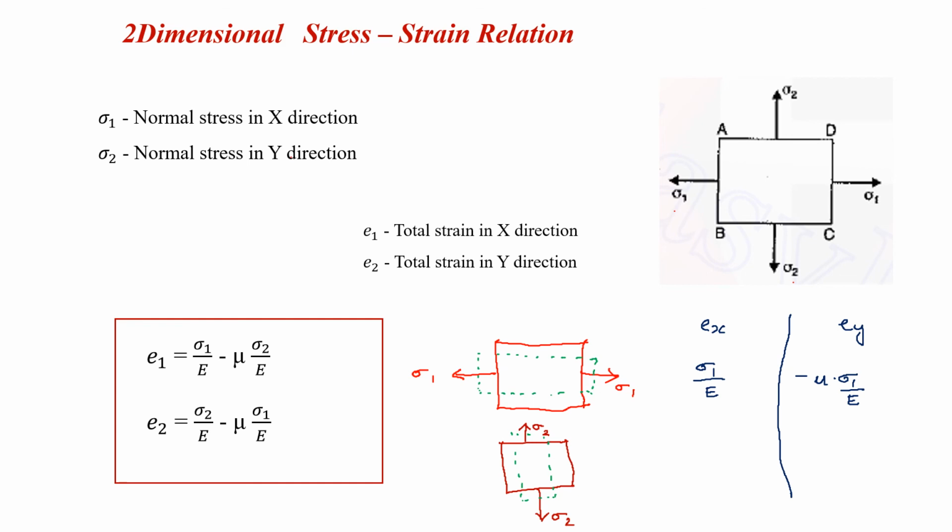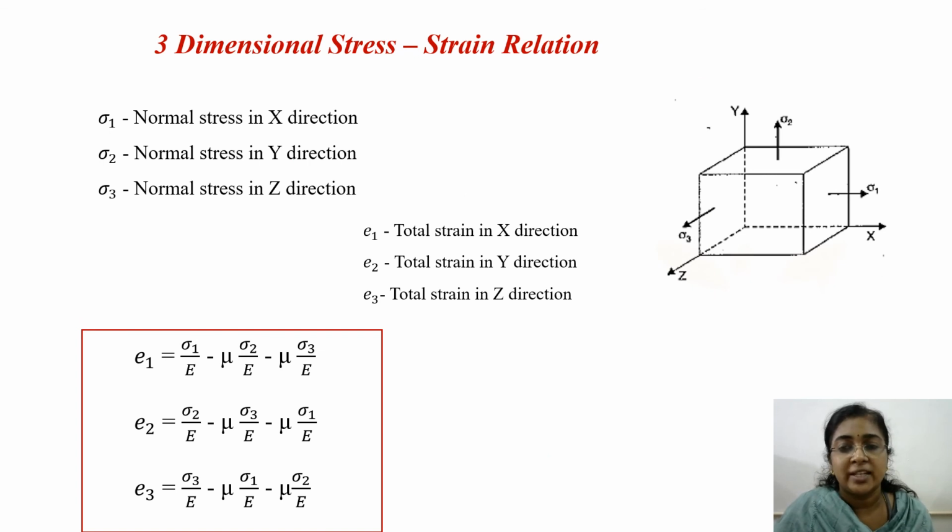The strain in y direction due to sigma 2 will be sigma 2 by E, which is tensile, and the strain in x direction due to sigma 2 will be compressive in nature, with magnitude minus mu into sigma 2 by E. So the total strain in x direction is sigma 1 by E minus mu into sigma 2 by E, and the total strain in y direction, represented here as E2, is sigma 2 by E minus mu into sigma 1 by E. We can extend this for the three-dimensional case also.